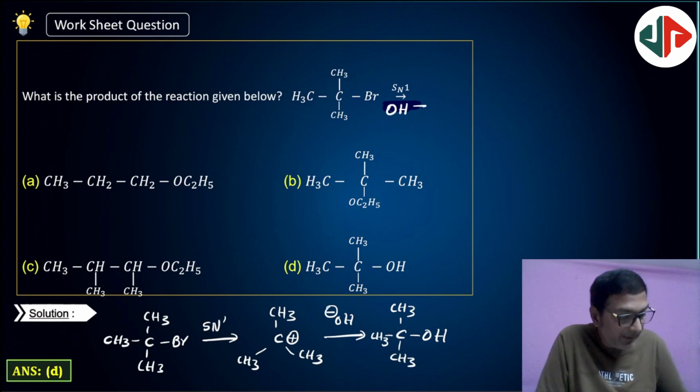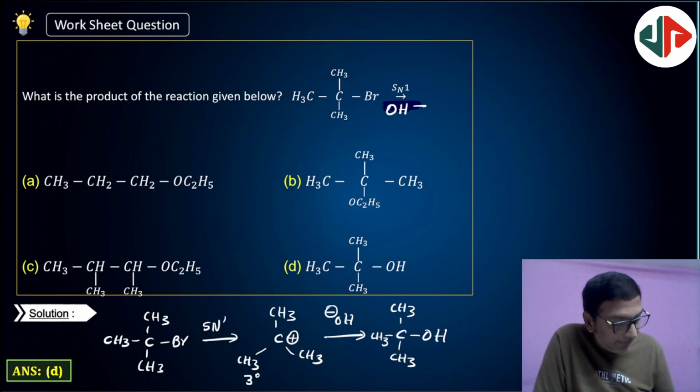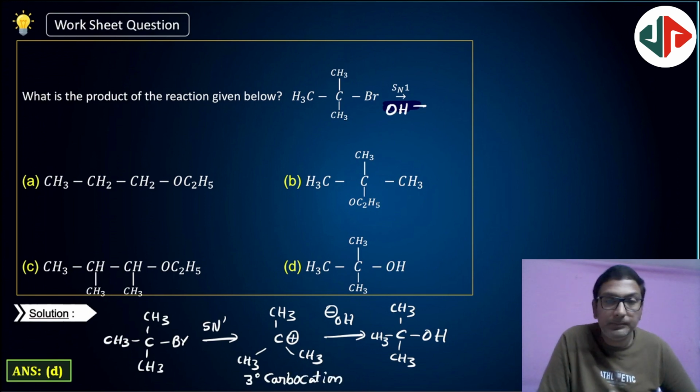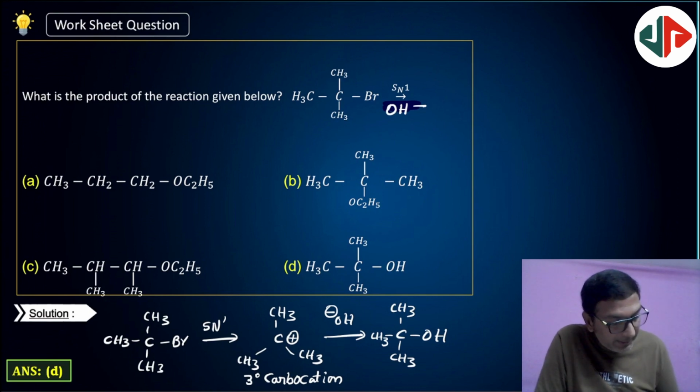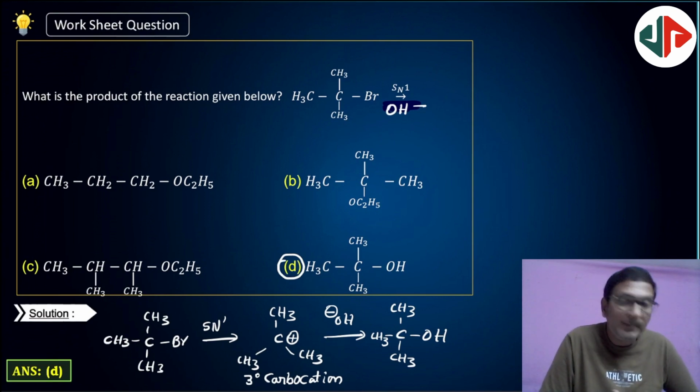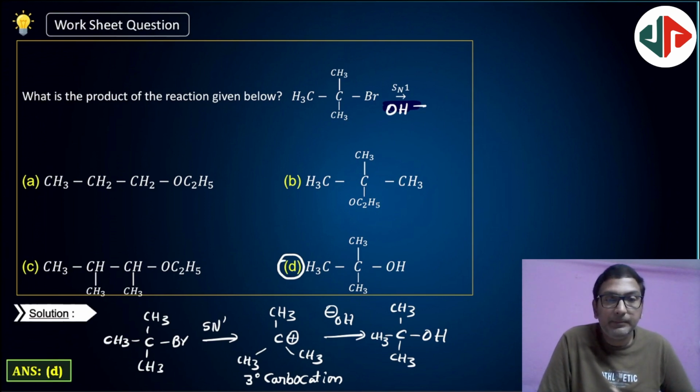SN1 mechanism, tertiary carbocation. So OH minus attacks carbocation from front side and back side. Therefore option D. OH minus is nucleophile. Next.